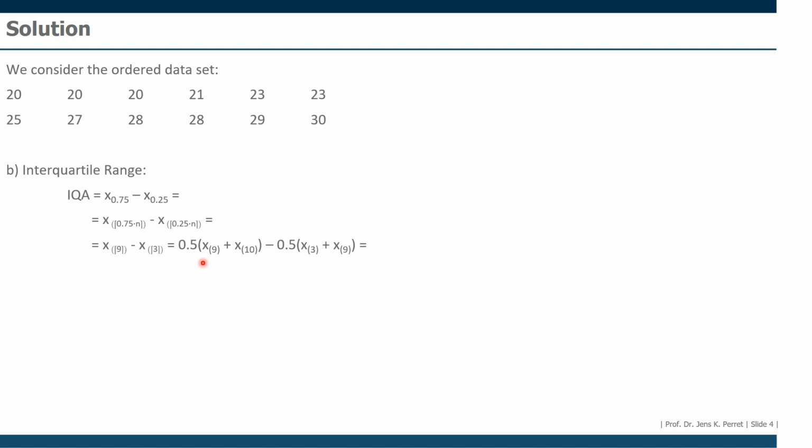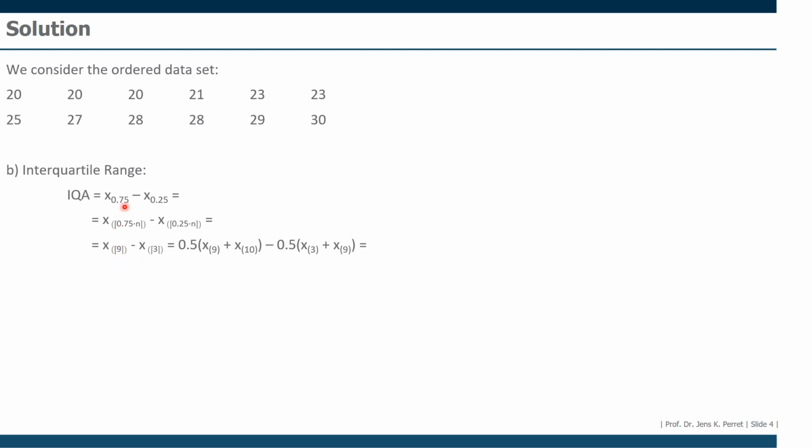However, 9 and 3 are integers. In those cases, I'm going to do something different than you might have seen in other sessions. I'm not going to round up anything. If I have calculated the 9 for my third quartile, I'm going to take the average of the 9th and 10th value.